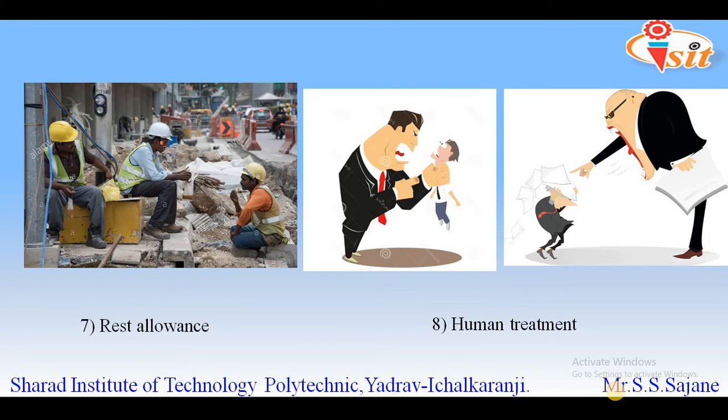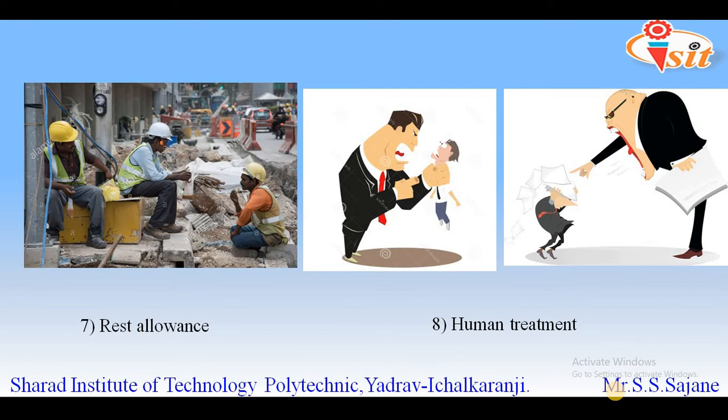The next human need is nothing but human treatment. If we want to engage the employees and inspire them for greater productivity, then it is necessary that all the employees are treated equally. So we call it human treatment. Nowadays, employees or workers are treated just like robots.